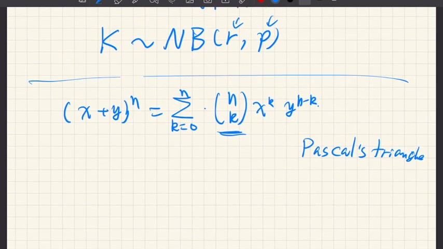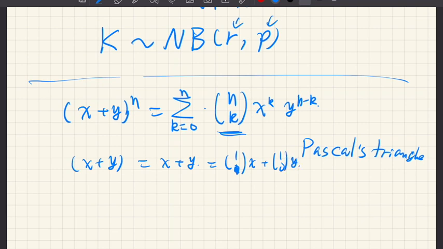Okay, so when n is 1, it's just x plus y. So that is 1 choose 1, x, and 1 choose 0, y. That's it.